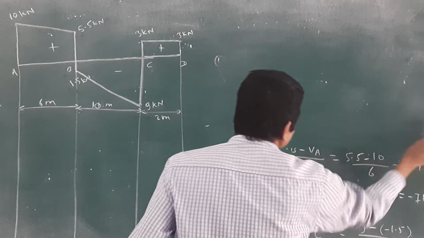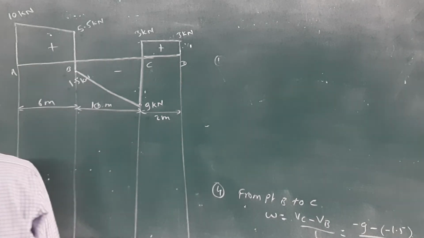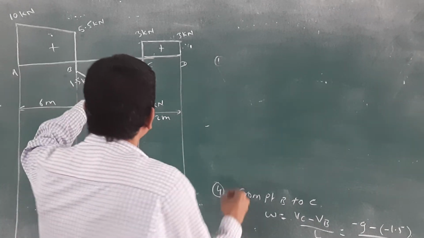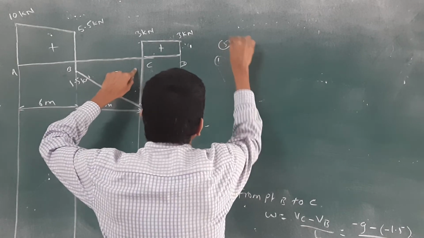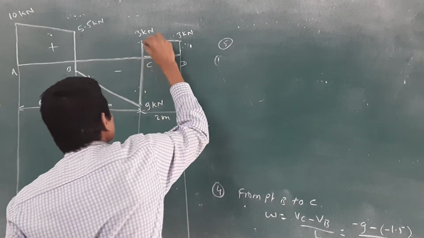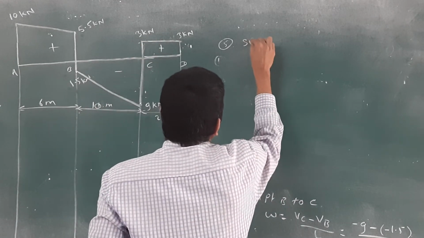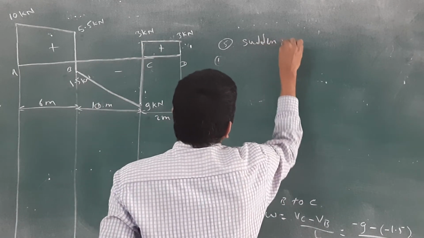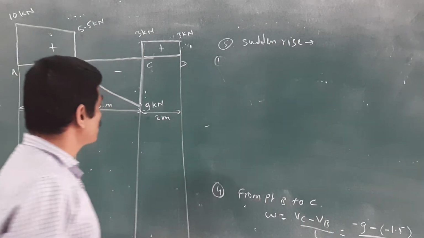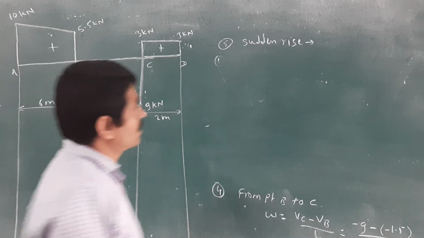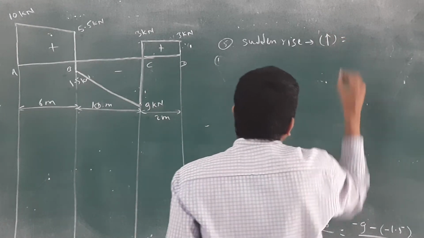All of you, are you getting how to calculate the value of UDL? Yes, very good. Then next we'll take the next point, which is point C, point number 4. Here we are getting a sudden rise. This sudden rise indicates that the force is going in the upward direction.